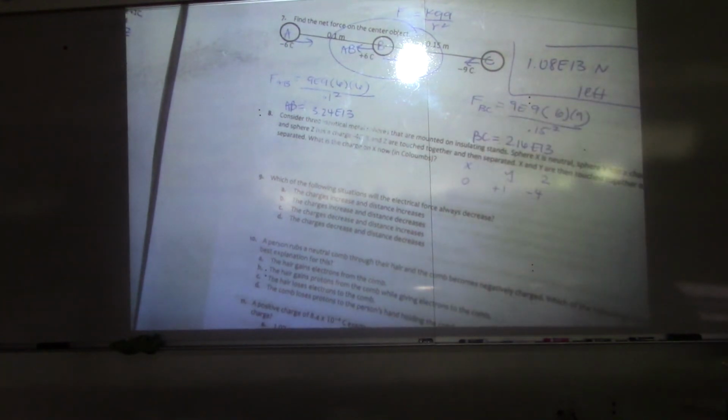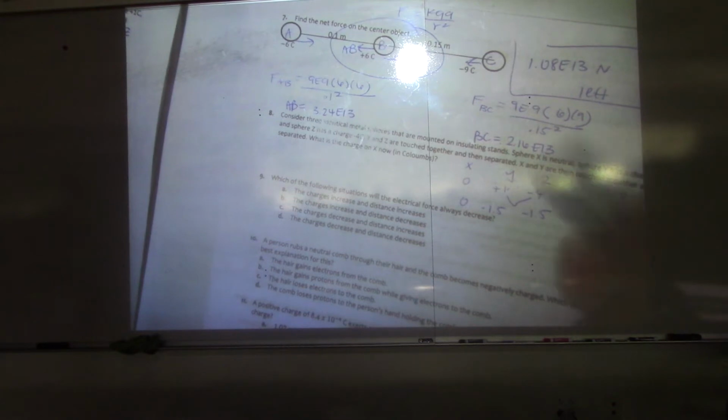All right, we've got three metal spheres, X, Y, and Z. Y has +1, Z has -4, and X is neutral, which is a total charge of 0. Y and Z are touched, so when they touch, the total charge is balanced out or split evenly. So these two have a total charge of -3, and that would split up, so each would get -1.5, and X would stay the same, so nothing happened to it.